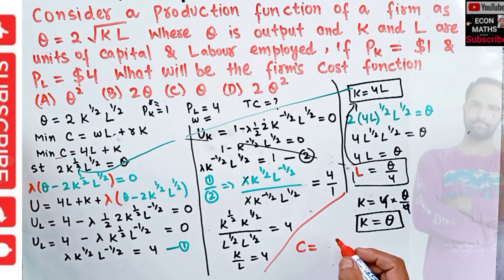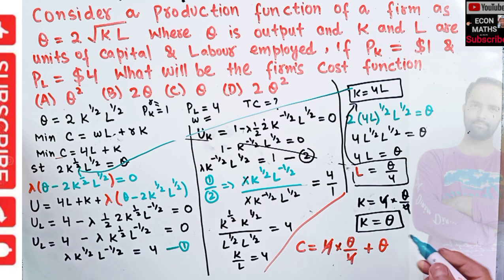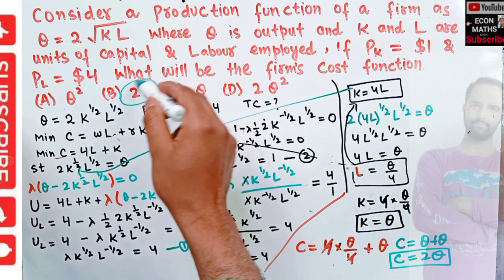So C will be equal to 4 times the value of L, which is Q upon 4, plus K, which is Q. 4 and 4 get cancelled, which implies C will be equal to Q plus Q, which implies C is equal to twice Q. So the correct option should be, the cost function should be 2Q.